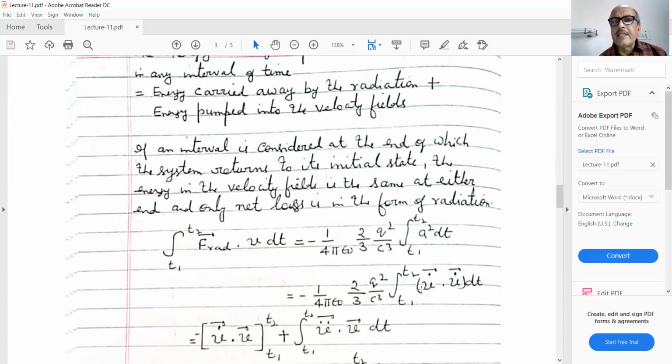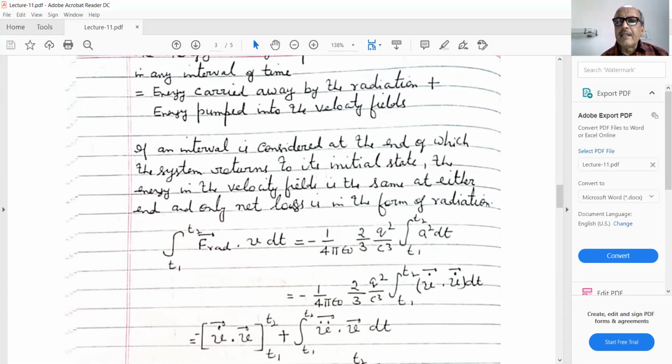So I have written it as v dot, because v dot is acceleration. So a square can be written as a vector dot a vector, and a vector is the rate of change of velocity, so we write it v dot dot v dot.